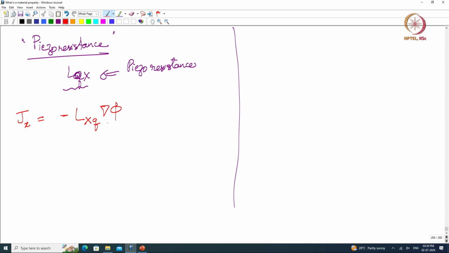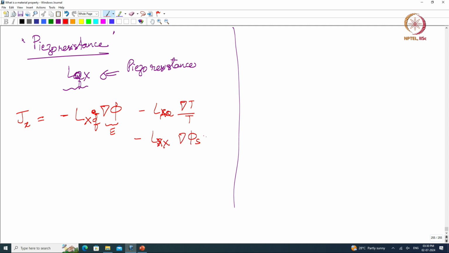Phi is just change in electric potential. So, there should be a Q that comes out, minus L S Q gradient of T by T minus L x x gradient of phi s.